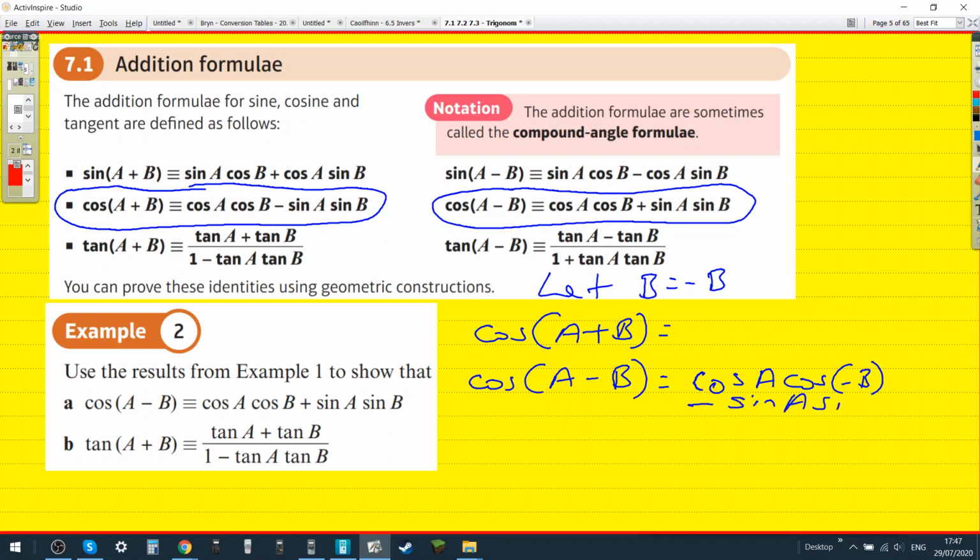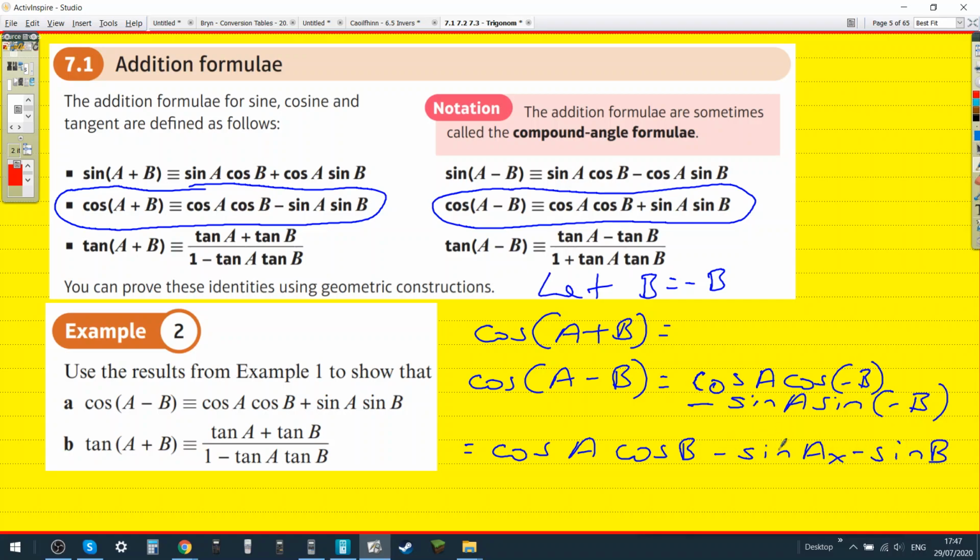Minus sine A, sine minus B. Cos minus B is the same as cos B. Sine minus B is the same as minus sine B.